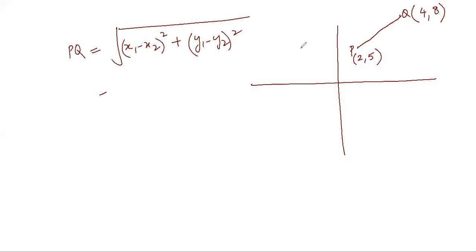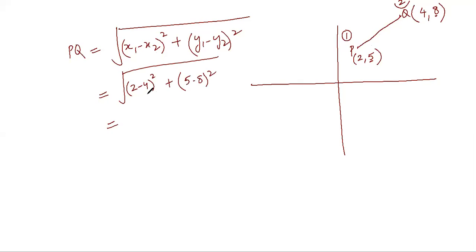So what is x1? We may consider this as the first point and this as the second point. But students, you can go in reverse also. You can consider this as the first point and this as the second point. We will see the answer will be the same because ultimately it will be squared. So x1 minus x2 would be 2 minus 4 whole square plus, y1 is 5, y2 is 8, so 5 minus 8 whole square, under root of that.